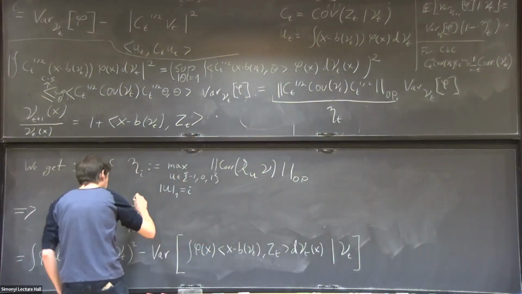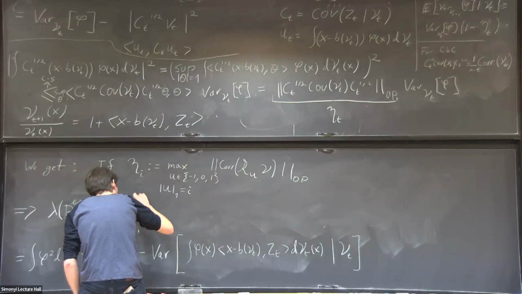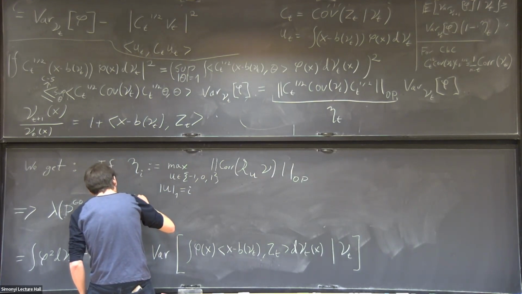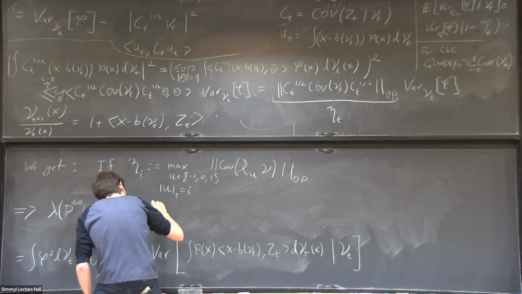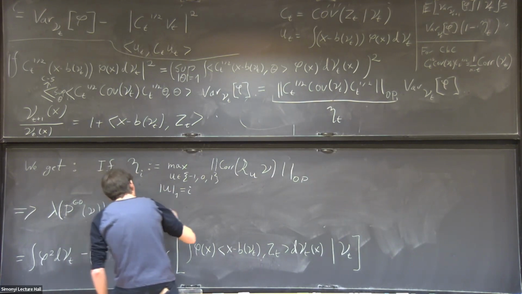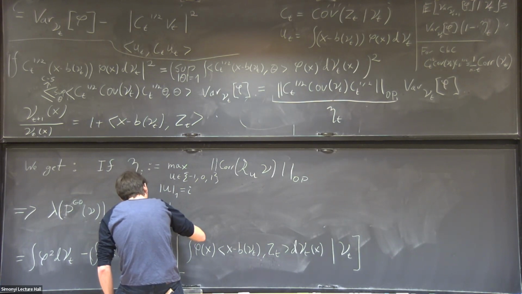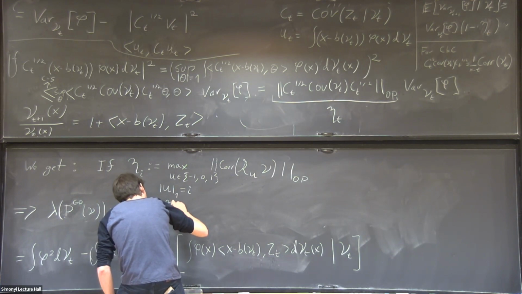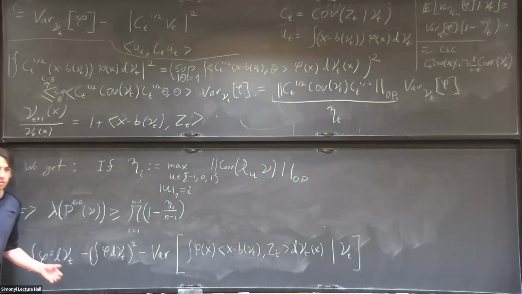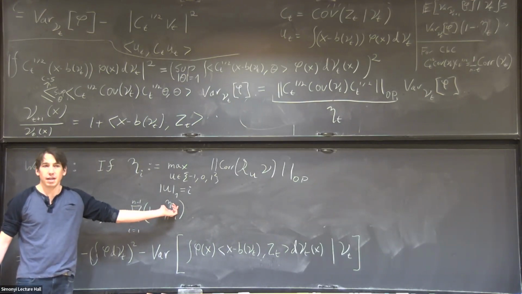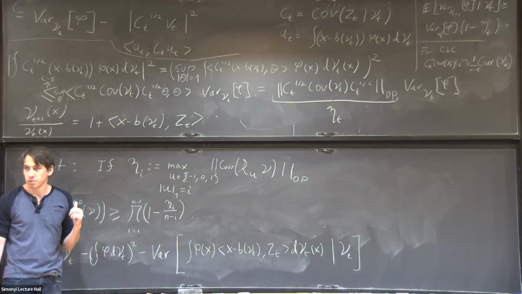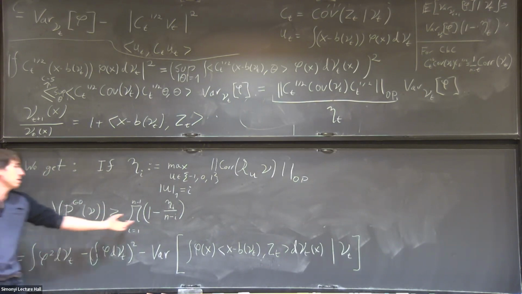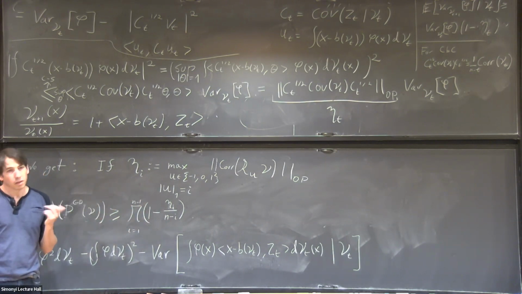Then you get a version of the ALO theorem, which is just the product of 1 minus 1 over n minus I times eta I. So in particular, if all of the eta i's are O of 1, if all of the correlation matrices are bounded by O of 1, then this is like 1 over poly n.